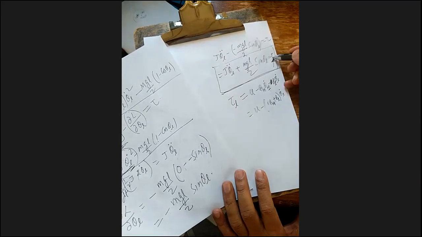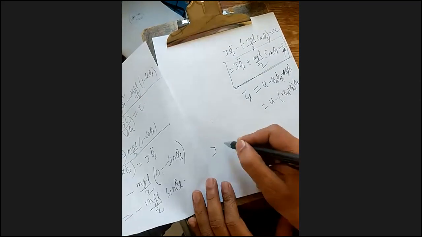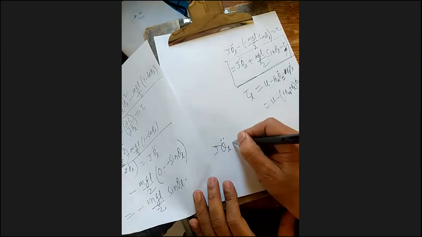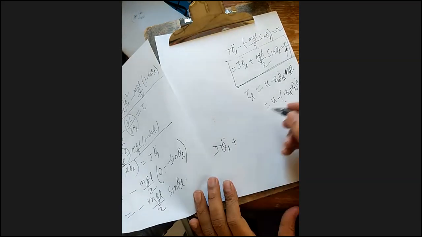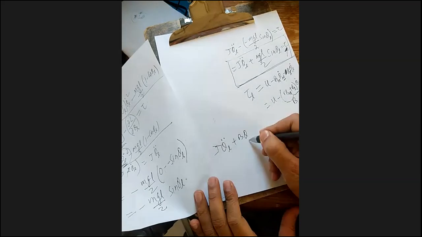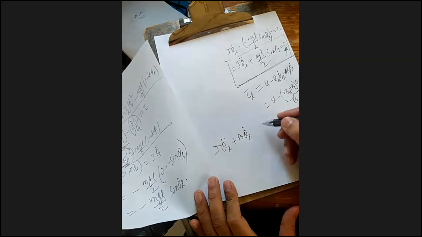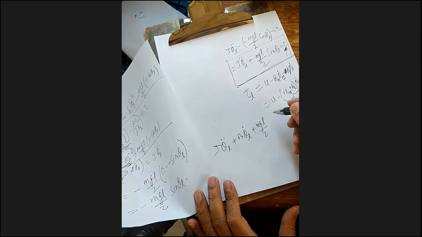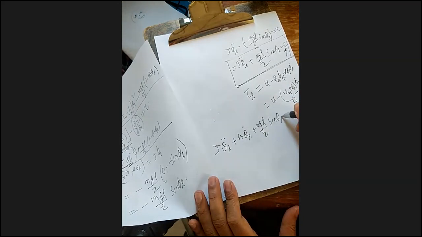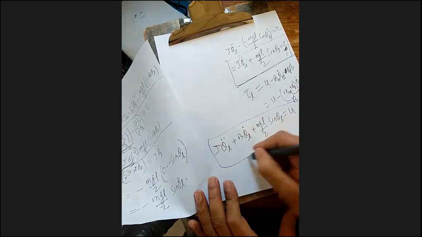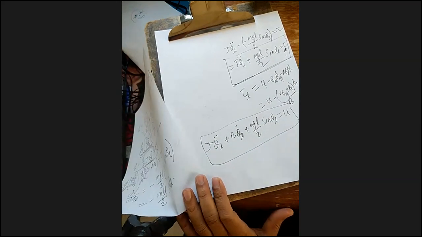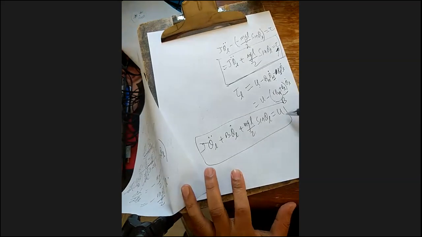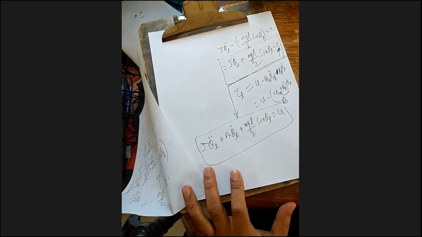Then this is my right hand side, and I can rewrite this equation as theta L double dot plus, if I take it to the left hand side, it becomes plus, I can simply call it B here, plus B theta L dot plus mgl over 2 sine theta L equals this U here on the right. Okay, so these steps are not too important. As long as you guys understand this, you should be okay.